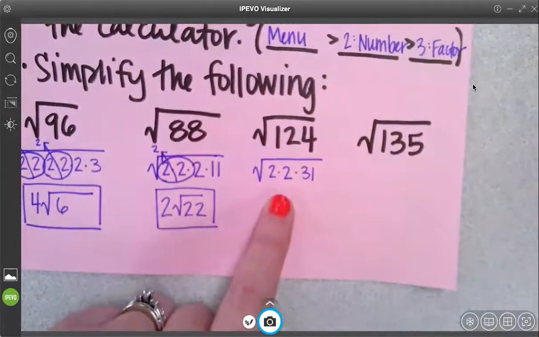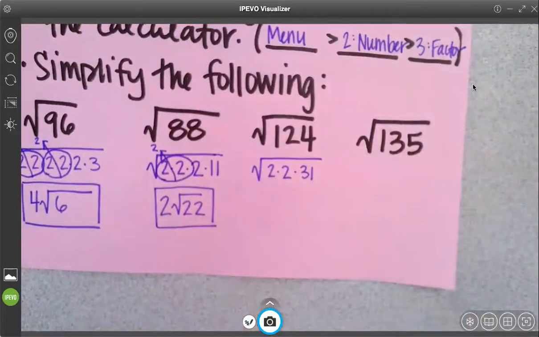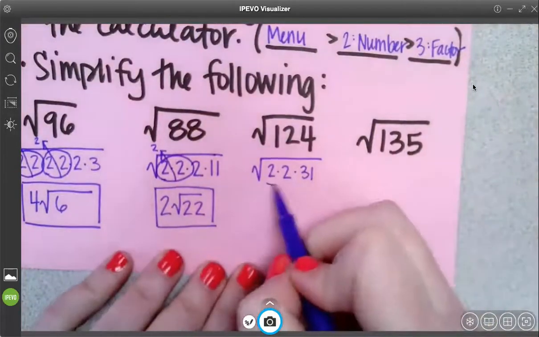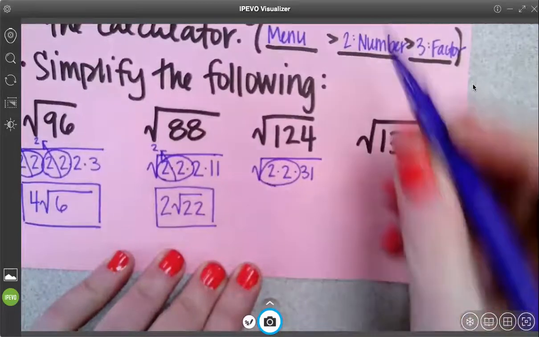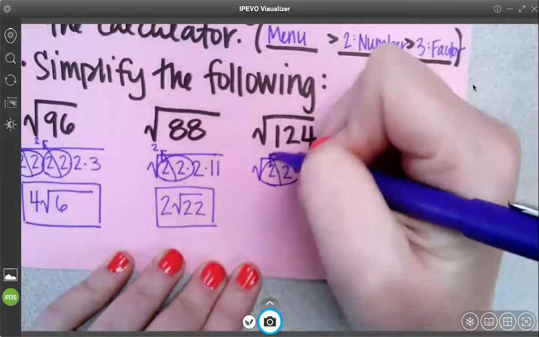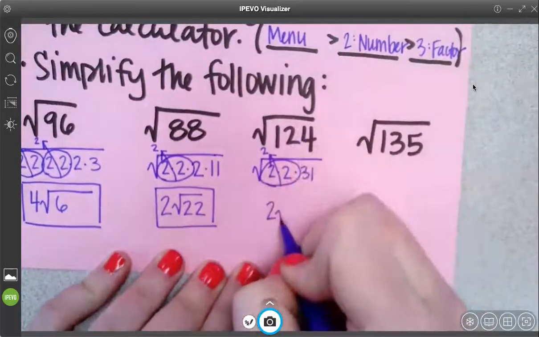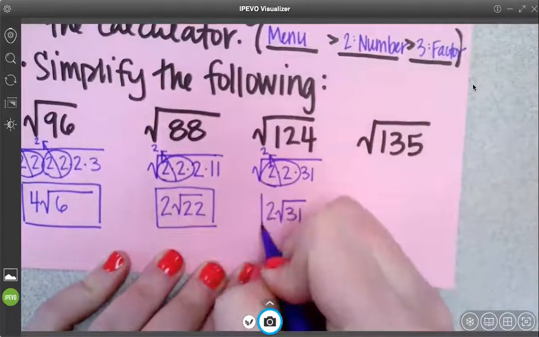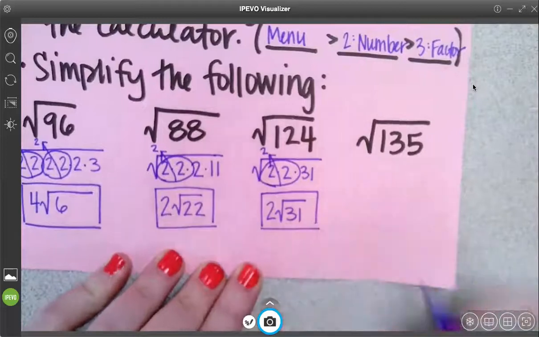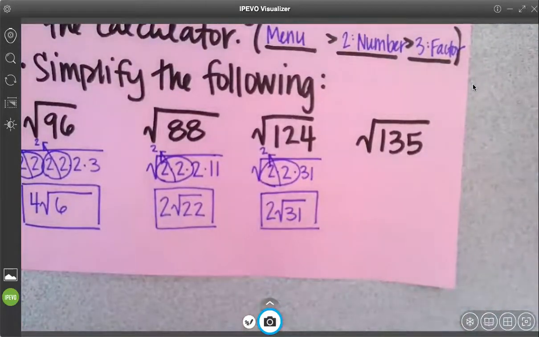That's where I'm getting these numbers. Look for any groups, any pairs of 2 that you have. I do have a single pair. 2 times 2 is 4, and the square root of 4 is 2. So this 2 gets to come out, and the square root of 31 is what's left over. So the square root of 124 is equal to 2 square root 31.